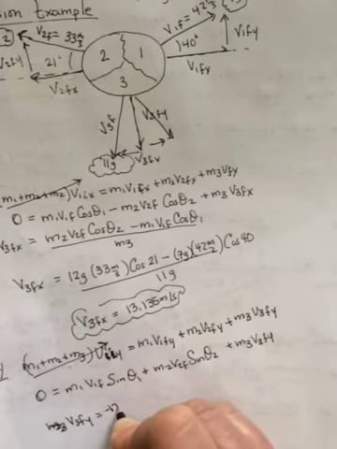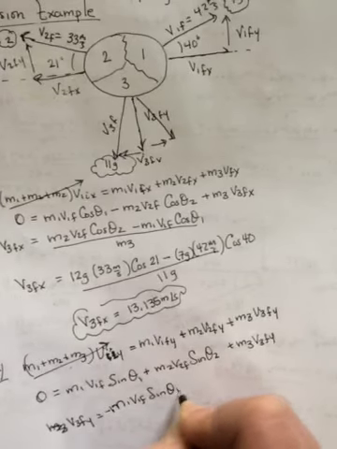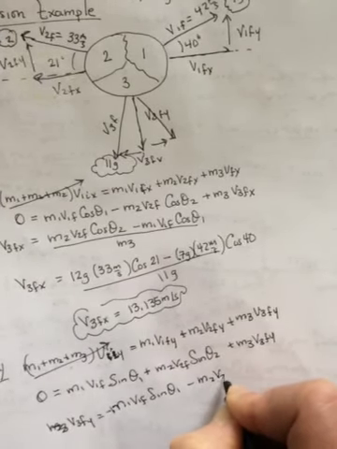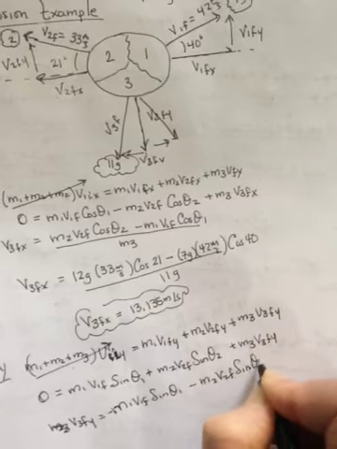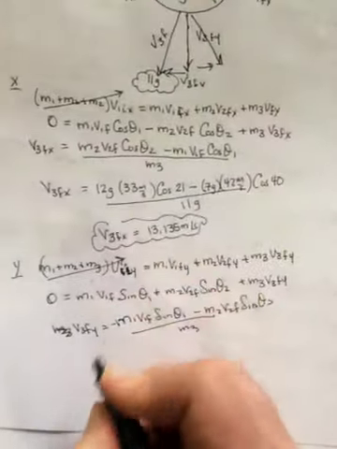So negative M1 V1 F sine theta 1 minus M2 V2 F sine theta 2 divided by M3, and then fill in your values.